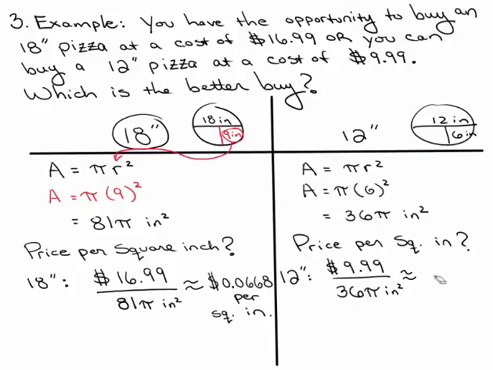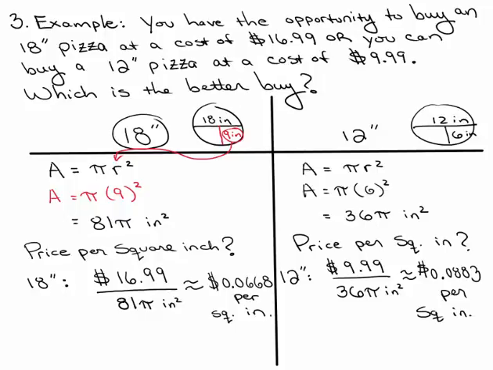Oh, and we're talking about money. 0.0883 per square inch.